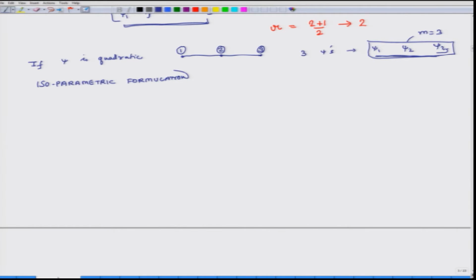M plus 1 is the order. No, m minus 1 is the order. So, this means m is equal to 3, and m minus 1 is 2, which is the order of this polynomial expression, which is quadratic. It is important to remember there is this difference. So, m is 3, so the order is 2 because it is m minus 1. If I have to do isoparametric formulation, m should be the same as n. So, m is equal to 3, so n is equal to 3, and n is the same as r.